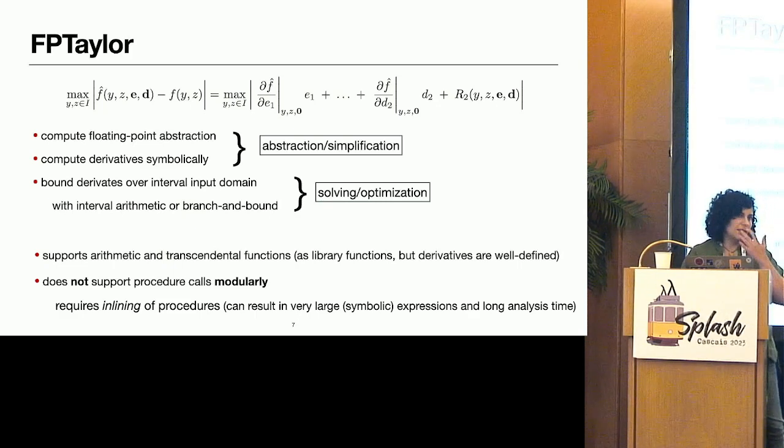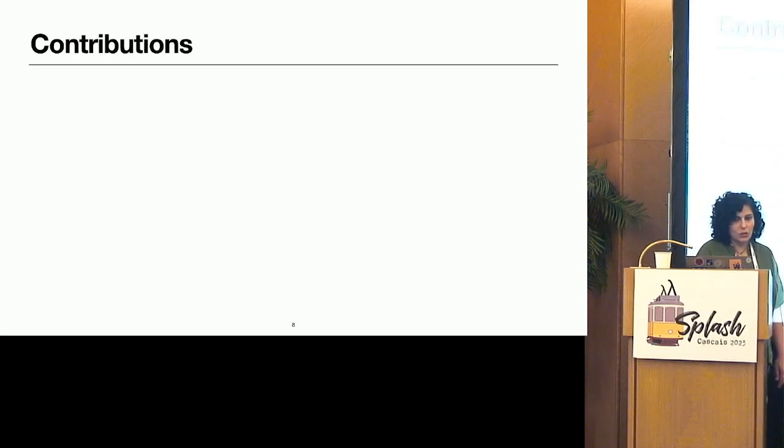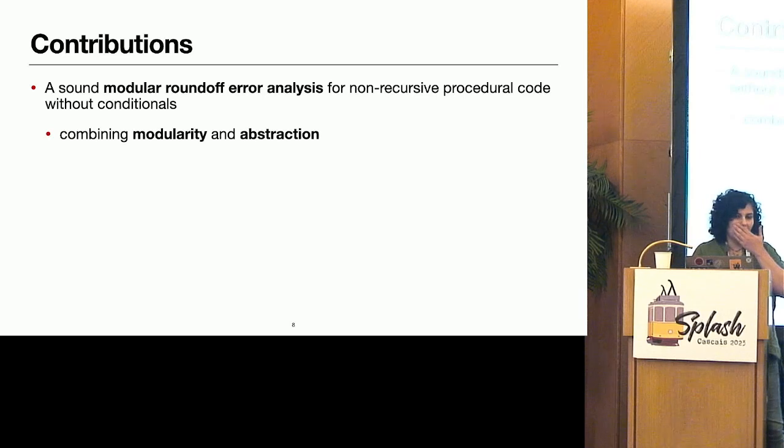However, it does not have support for procedure call modularity, meaning that we need to inline these procedure calls before applying FPTaylor, which means we will have very large expressions and large analysis time, as we have observed in our evaluation. So we have proposed a sound modular round-off error analysis for non-recursive procedure calls without conditionals.